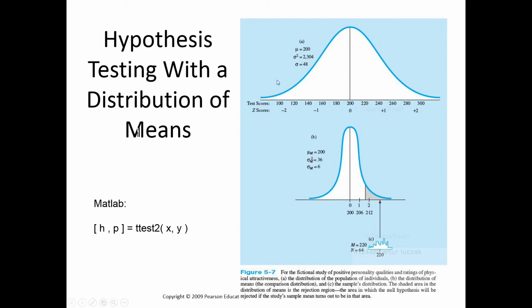But the idea of doing this sampling is the same for any distribution. Let's say here we have some completely different distribution, a bimodal distribution, and we want to compare if the distribution of these 64 students is different.